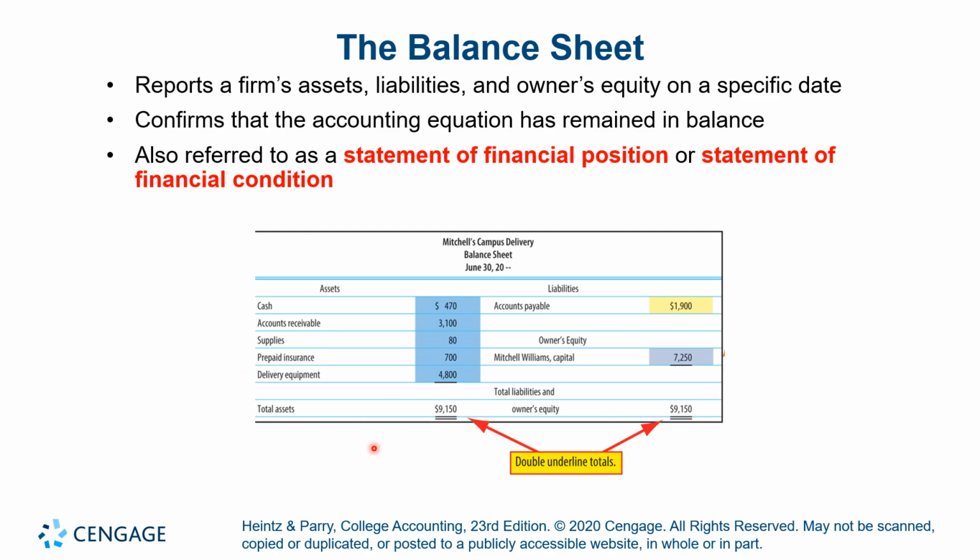So remember, assets equals liabilities plus owner's equity. That's our equation, right? So the liabilities he ended up with, his accounts payable, the final total there was $1,900 for the month. His owner's equity was $7,250. And so when I add the liabilities plus the owner's equity, I get $9,150. Again, so it balances out.